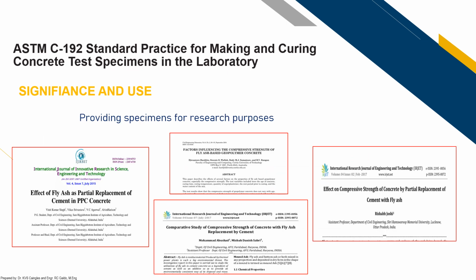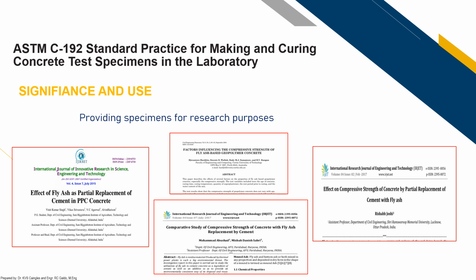Okay, so next importance or significance or use of the standard procedure is we'll be able to provide specimens for research purposes. Especially those researchers that are trying to study different variations of concrete, for example, the effect of fly ash as partial replacement of cement in PPC concrete, or the effect on compressive strength of concrete by partial replacement of cement with fly ash.